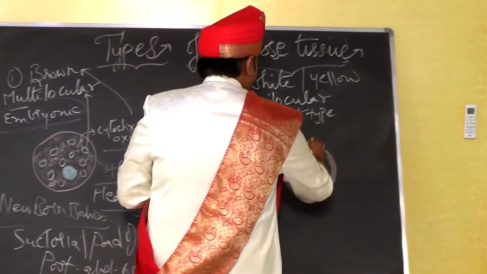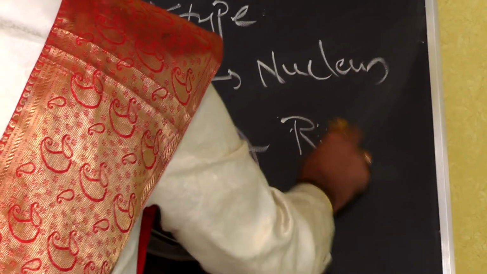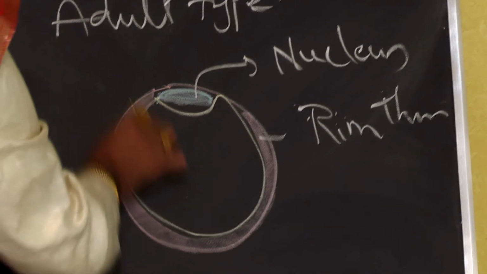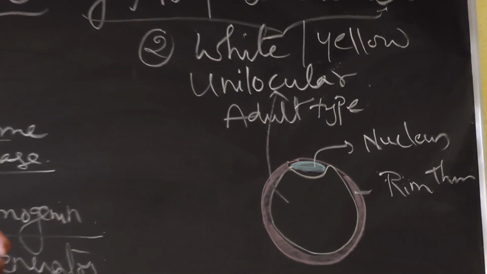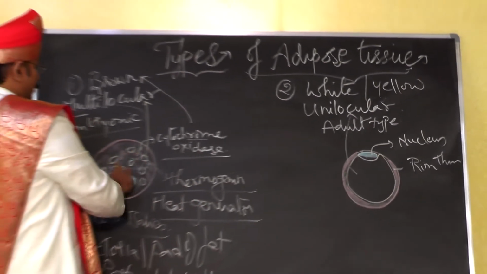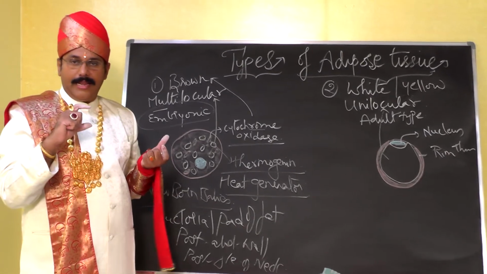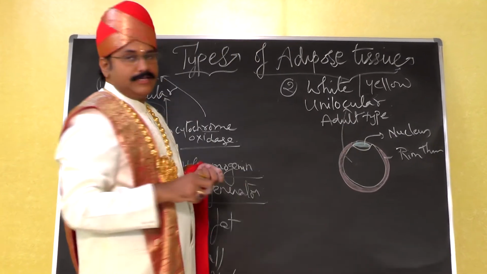So you see the flattened nucleus pushed to the periphery, the cytoplasm as a thin rim, and one single large fat droplet, so you call it unilocular. Are you able to appreciate? Here these are all small fat droplets, many in number, but here they are united to become one and have pushed the nucleus to one side.